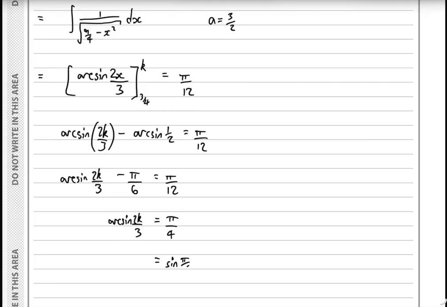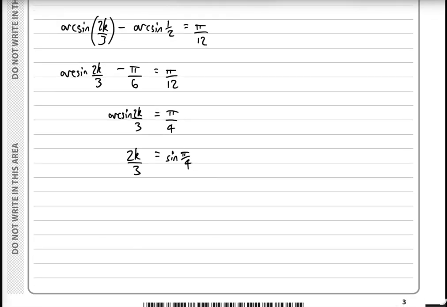Sine of pi by 4 gives us 2k over 3, that's root 2 over 2, so a little bit of rearranging here, and we get 3 root 2 over 4.